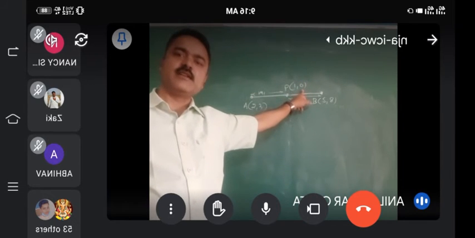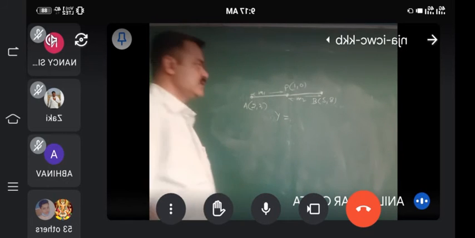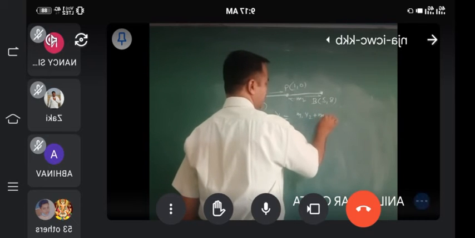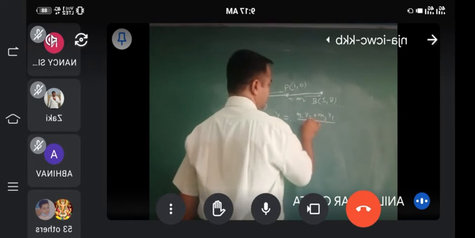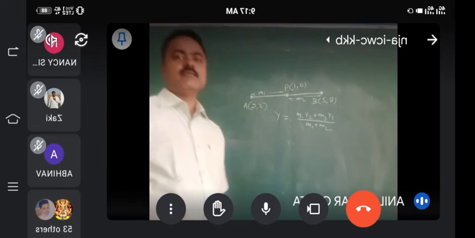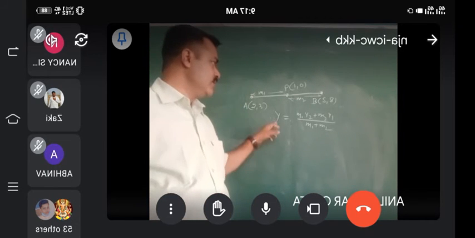That is the Y coordinate. And you know the Y coordinate is M1 Y2 plus M2 Y1 upon M1 plus M2. Why am I taking the Y coordinate?